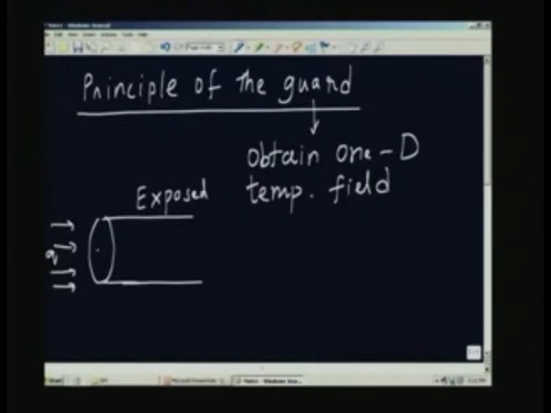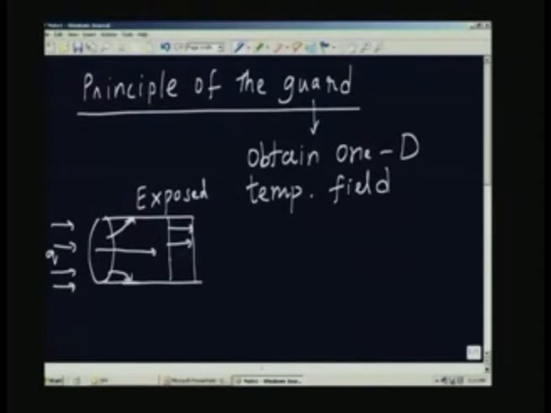Then what will happen is that the heat transfer will take place like this, and some amount of heat transfer will take place like this. Towards the edges, there will be some heat leak in the lateral direction. Even though the heat transfer may be more or less one dimensional in the axial region near the axis of the cylinder, towards the periphery, the temperature distribution is going to be not one dimensional, but there will be some radial component of the heat flux, and therefore, if you plot the temperature profile, I would like to have a temperature profile like this.